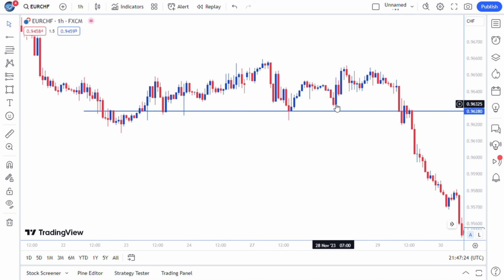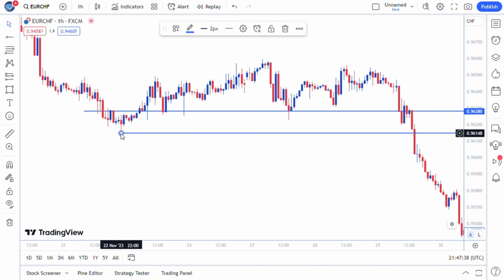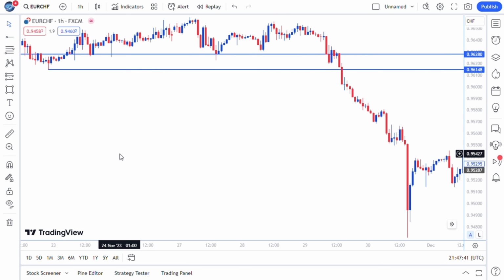If you want, you can move it higher to touch this low. Let's take a look at another level. A second line will ensure more prices are captured.